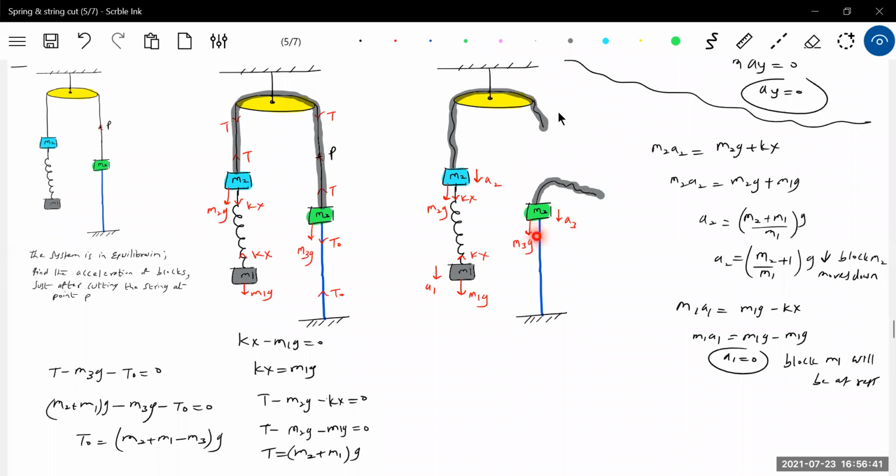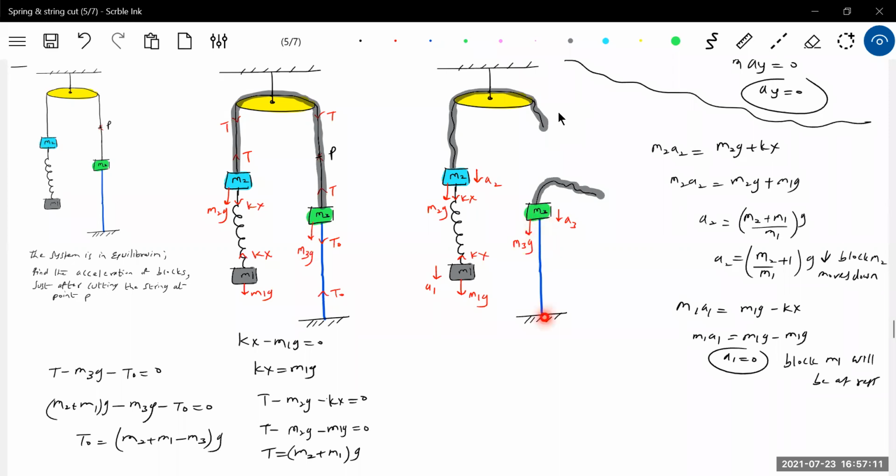I want this from students. Shall I write T naught? Zero, because tension is set up by what? Pull forces, not push forces. Here, when you cut this, the weight M3G will act here and try to push this. Pull forces will set up the tension, not the push forces.